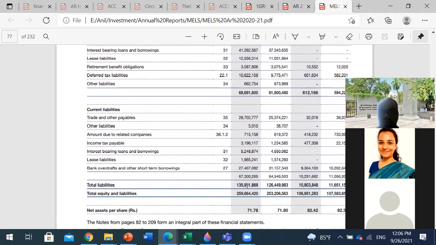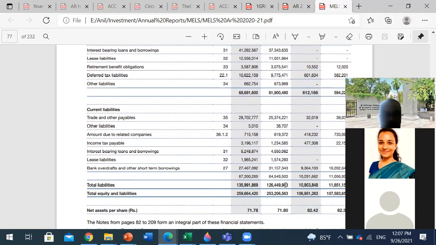Amounts due to related parties have to be separated. But here, on the assumption that they relate to your operation, I have taken them as operating. But in the examination or real analysis, you have to separate. Income tax payable is operating.